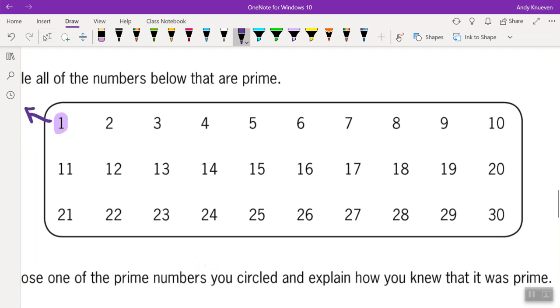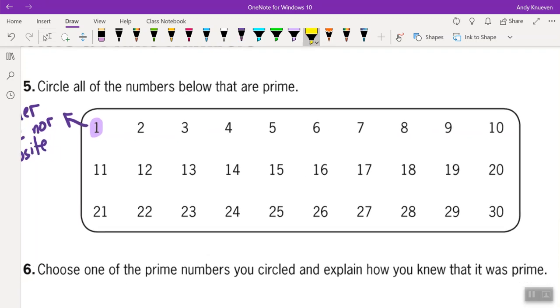But if we then look at all of our numbers here, those prime numbers, 2, because the only numbers we can get to 2 are 1 and 2. 3 is prime because, again, each of these is going to be just 1 and itself.